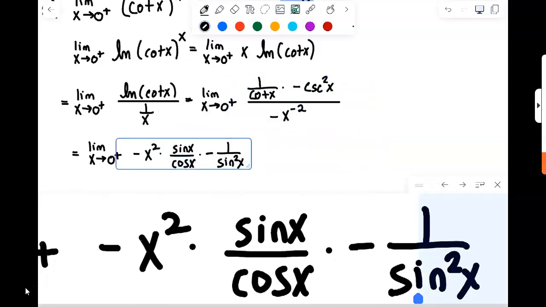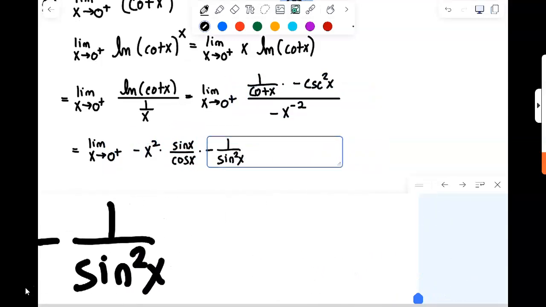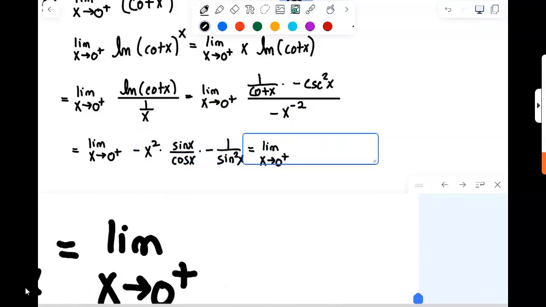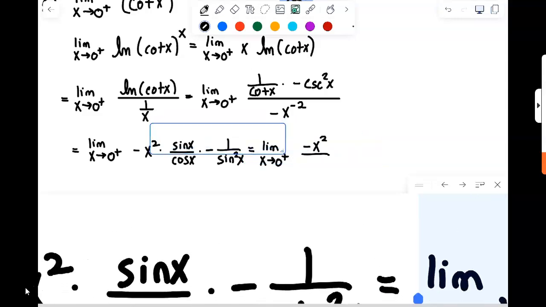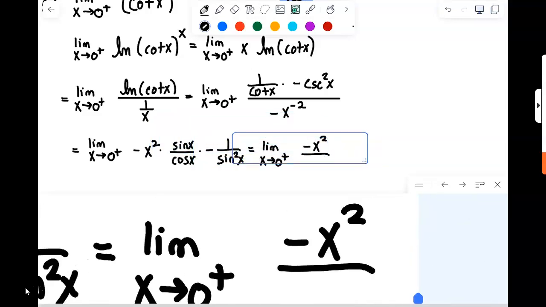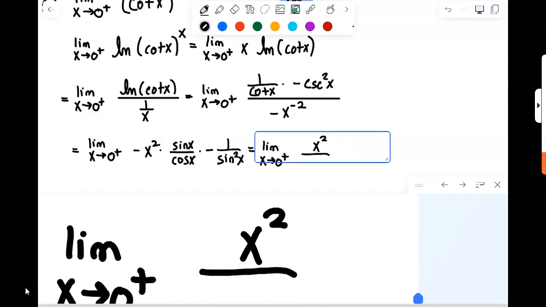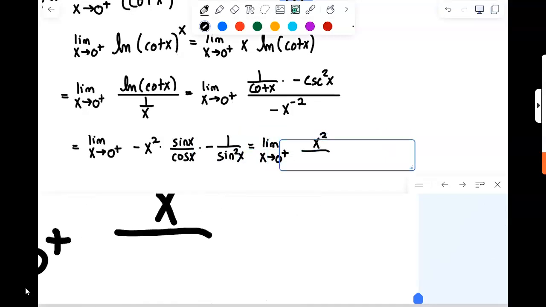So just taking all my stuff and kind of rearranging it, and I continue to simplify here. Limit as x approaches 0 from the positive direction of negative x squared will go on top. The 1 sine on top will cancel with the 1 in the bottom. Actually, I can drop the negatives since I had 2 of them, so they're actually gone. And I just have an x squared.